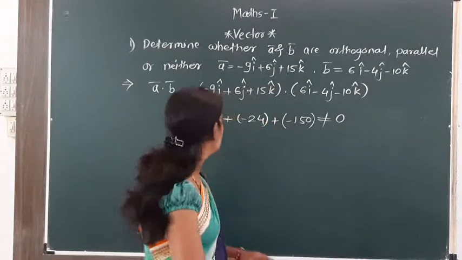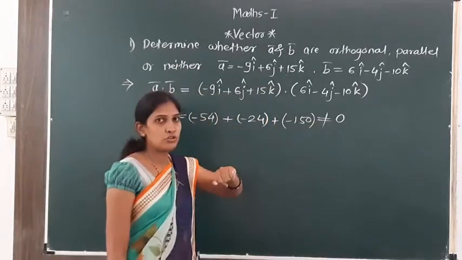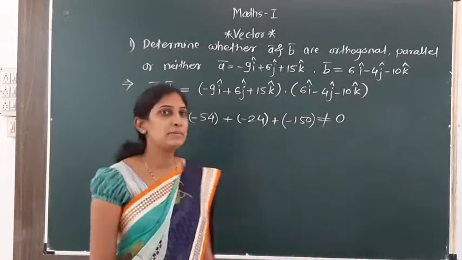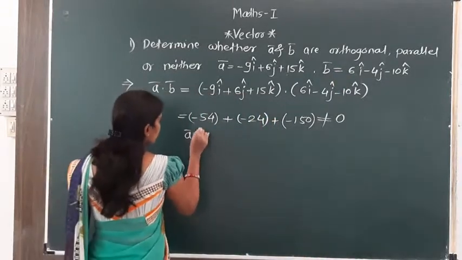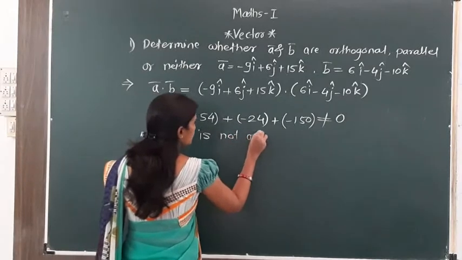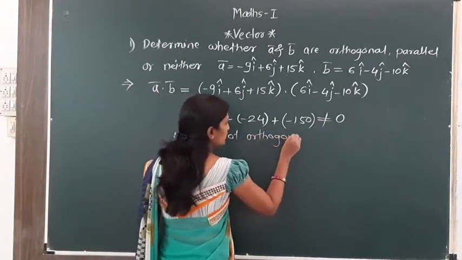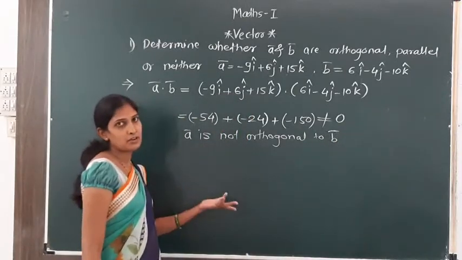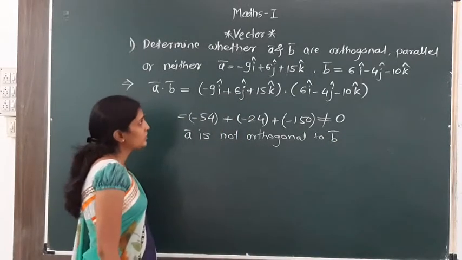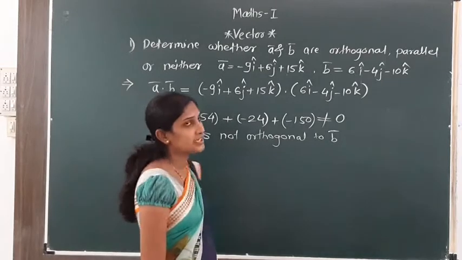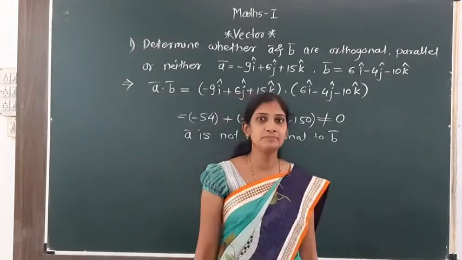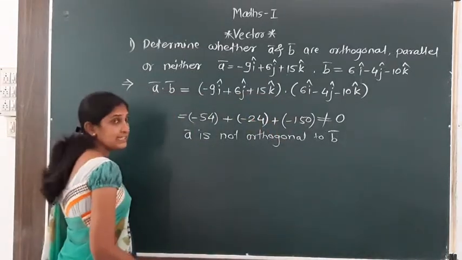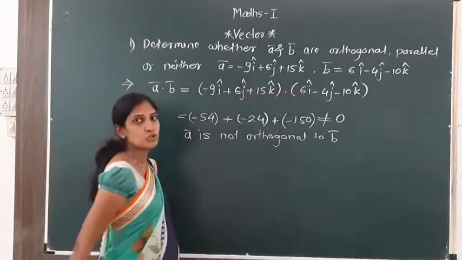But this value is not equal to 0, so A bar and B bar are not orthogonal. Now, next we have to check whether they are parallel. For that, we check whether the coefficients are in proportion.